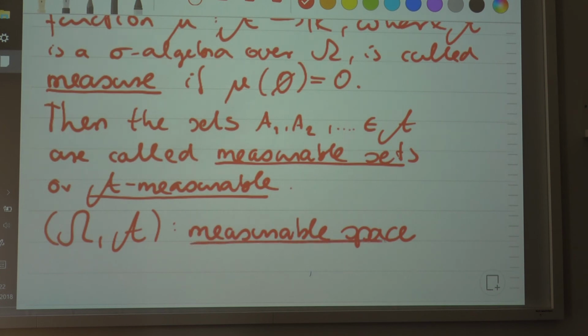The ordered pair consisting of omega and the sigma algebra is called a measurable space because it offers the possibility to find a sigma-additive function for which the image of the empty set is 0. The triple consisting of omega, the sigma algebra, and the measure is called a measure space.